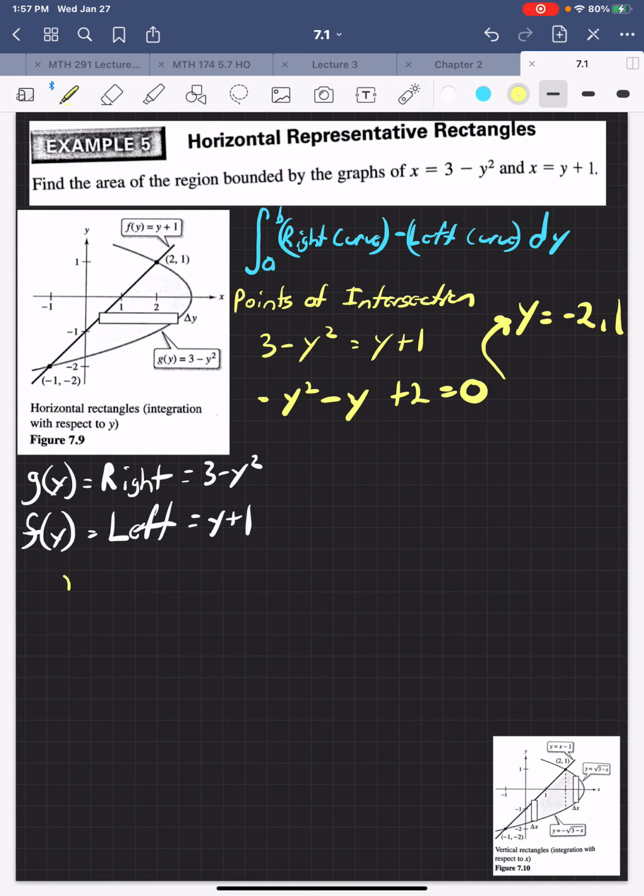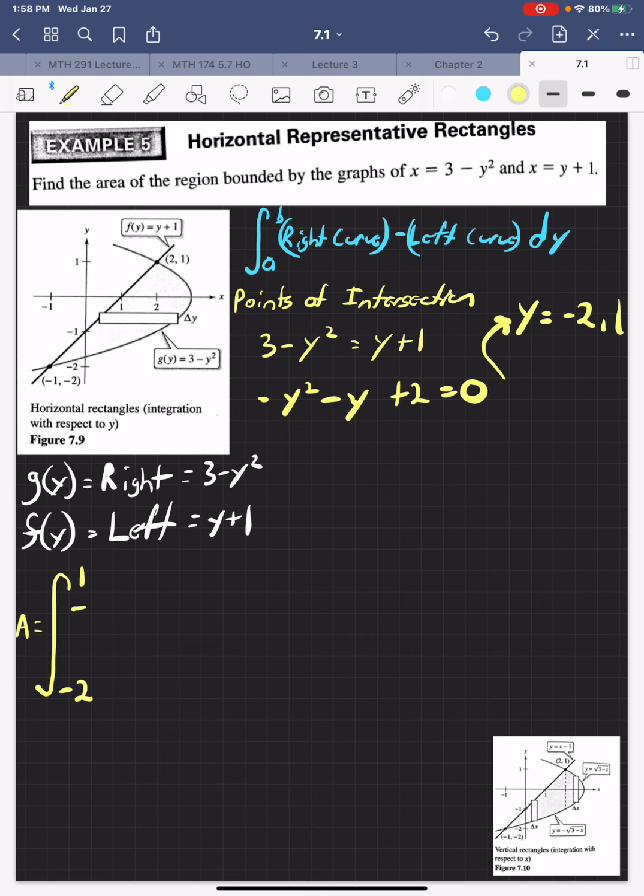So let's go ahead and set up our integral to find the area. We're going to be going from negative 2 to 1. All right. So remember, this time it's right minus left.